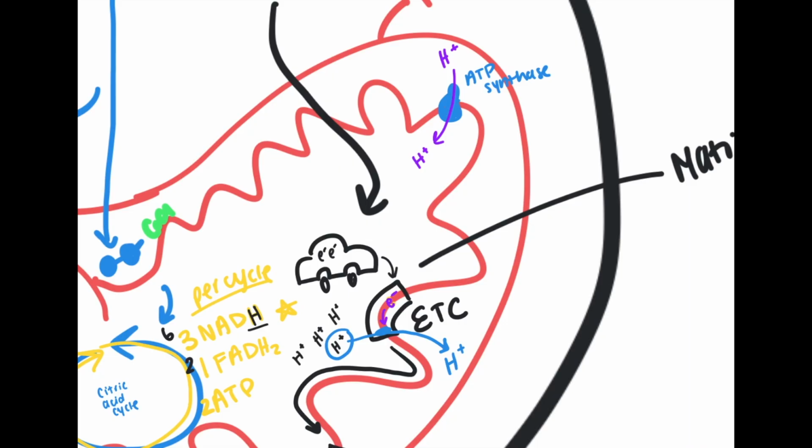So the thing is, these hydrogen ions are actually more abundant outside of that membrane because we have these pumps that are pushing them outside of the inner mitochondria. So what happens is these hydrogen ions want to flow down a gradient back into the inside of the mitochondrial matrix, inside of that inner membrane.